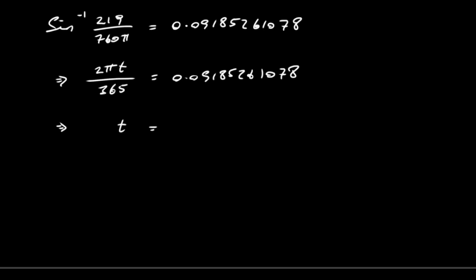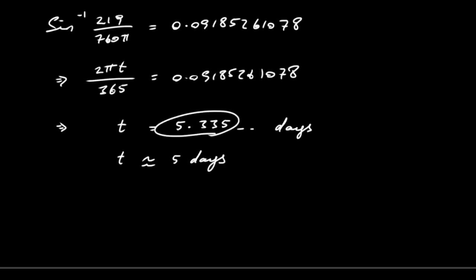That will give me 5.335 days. So it says give your answer to the nearest day. So to the nearest day, that's 5 days. Now this is during the 6th day, but it says give your answer to the nearest day, so that's going to be 5 days. And really that's it for this question.